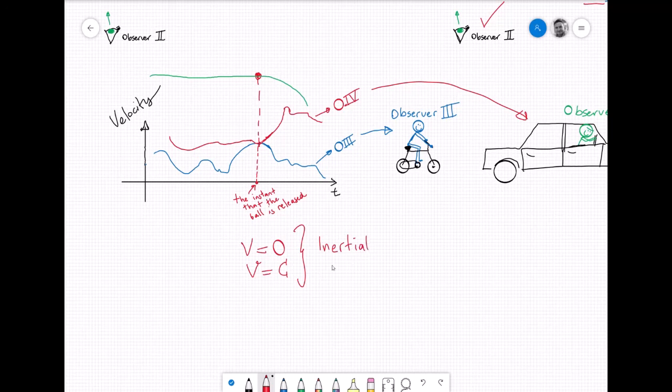In other words, to define a frame as an inertial reference frame, that frame has to be standing still or has to be moving with a constant velocity.